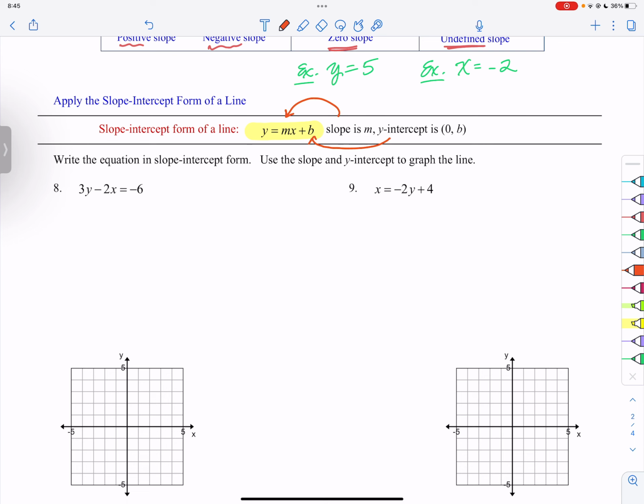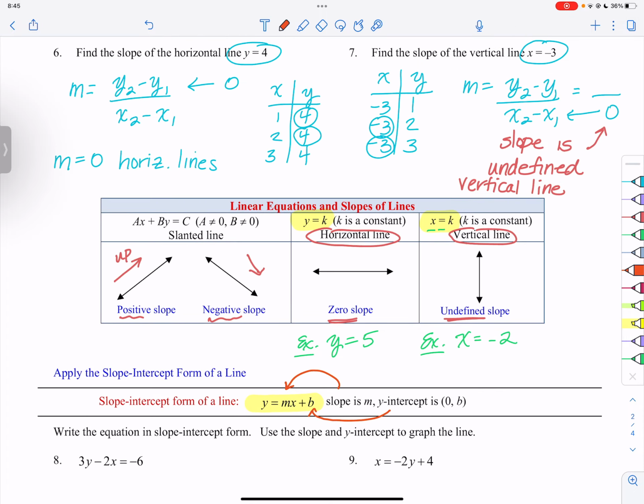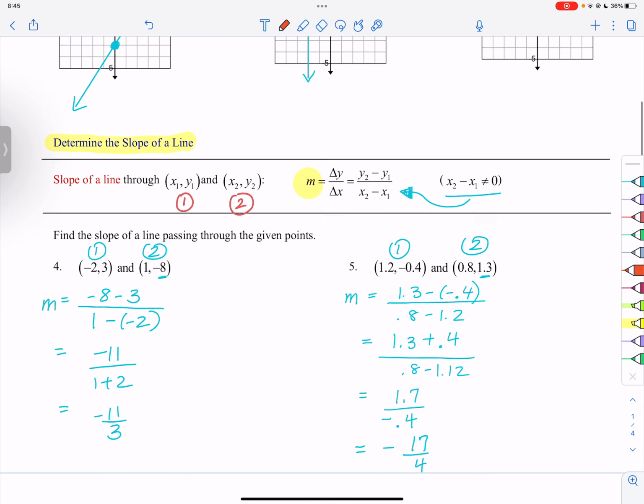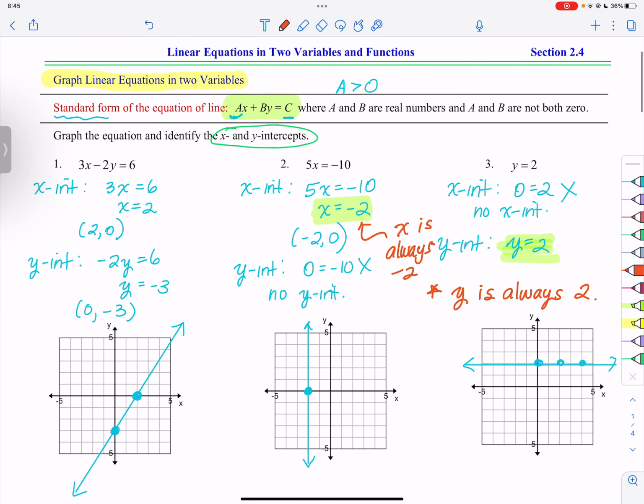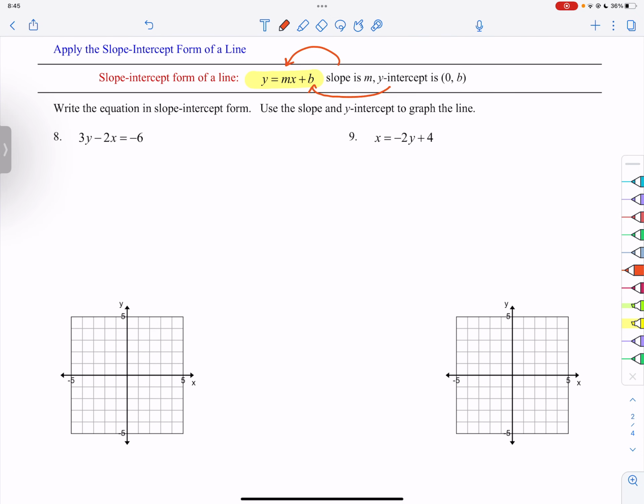So let's go ahead and write the equation in slope-intercept form this time, instead of the other form that we had here, which was the standard form right here. But now we're going to be in slope-intercept form.